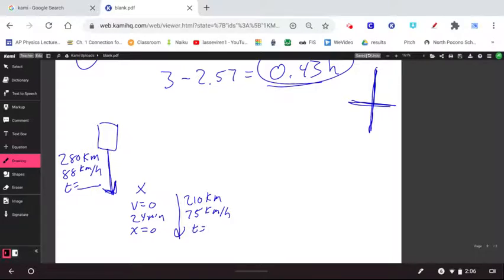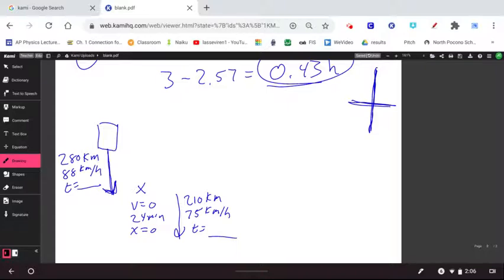Now we have some problems here conversion-wise. We have hours and minutes. So we need to get them squared away. I don't care which way you go with this. I'm going to convert to hours because that's the least number of conversions right now. If it doesn't ask, I would choose that option. If it does ask for meters per second or something like that, you'd have to do that.